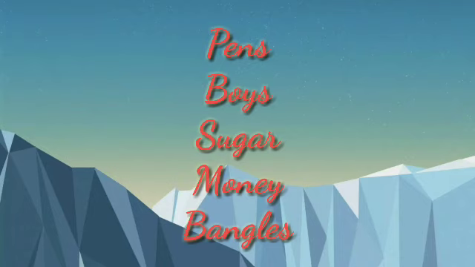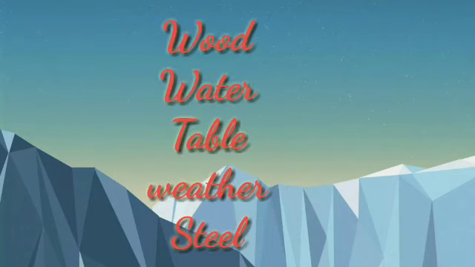Bangles, it's a countable noun. Wood, it's uncountable. Water is again uncountable. Table, yes, of course, you can count 2 tables, 3 tables. Weather, it's again uncountable. Steel, yes, it's again uncountable.